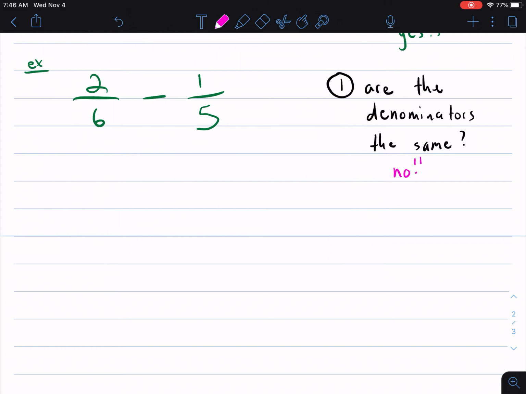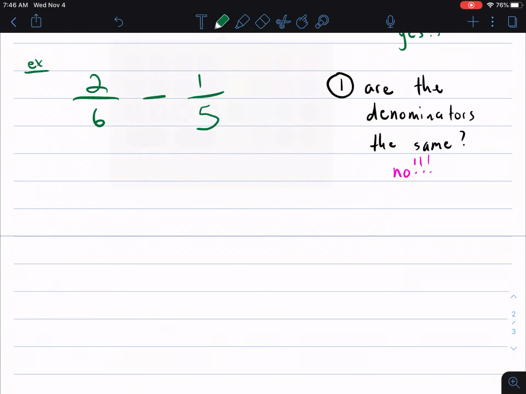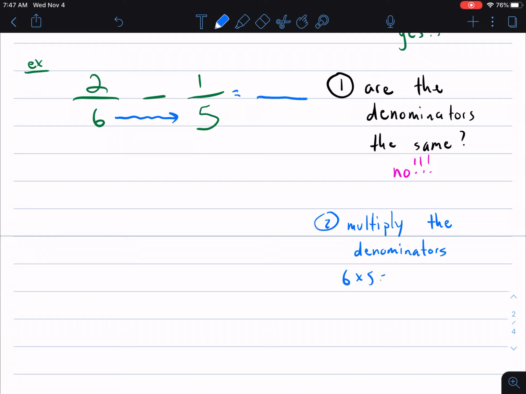No, they are not. Remember, multiply the denominators. So 6 times 5 is 30.